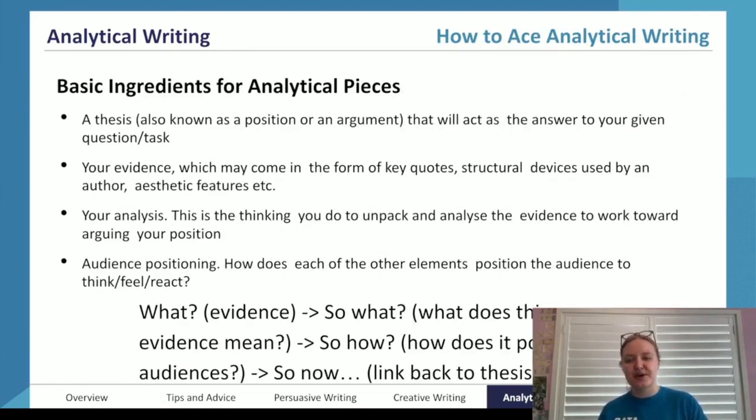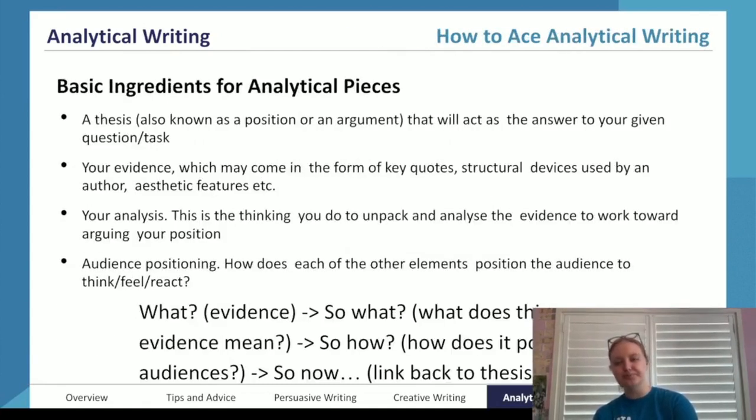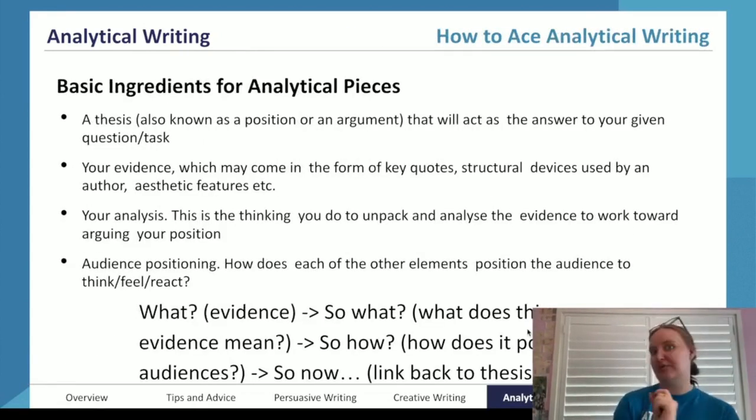All right, so the basic ingredients for analytical pieces, as we mentioned before, your thesis, it's the answer to the given question or task, your evidence, your analysis, and your audience positioning. And all of this can be plugged down into this below, which is called a microflow.